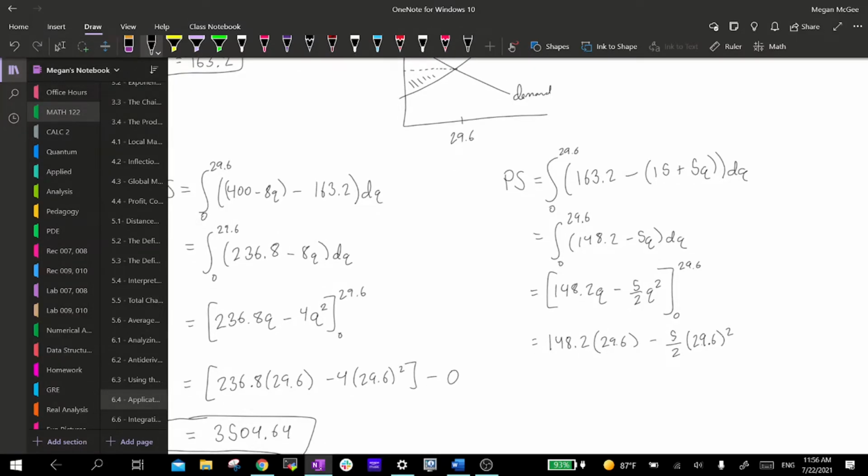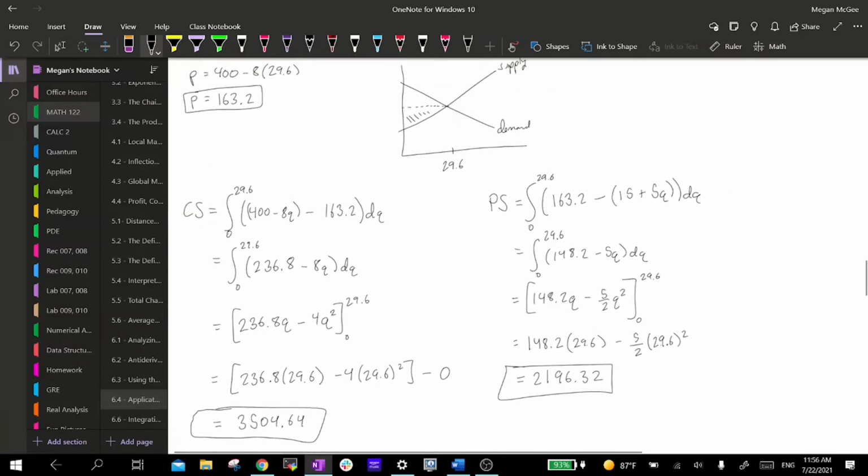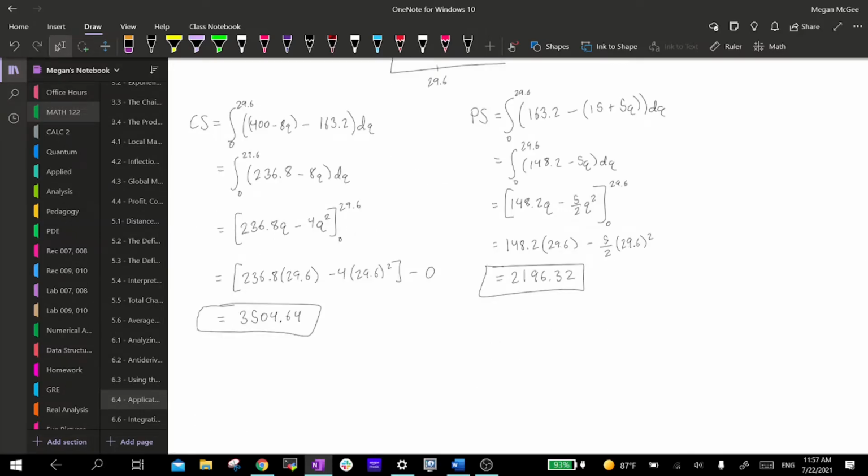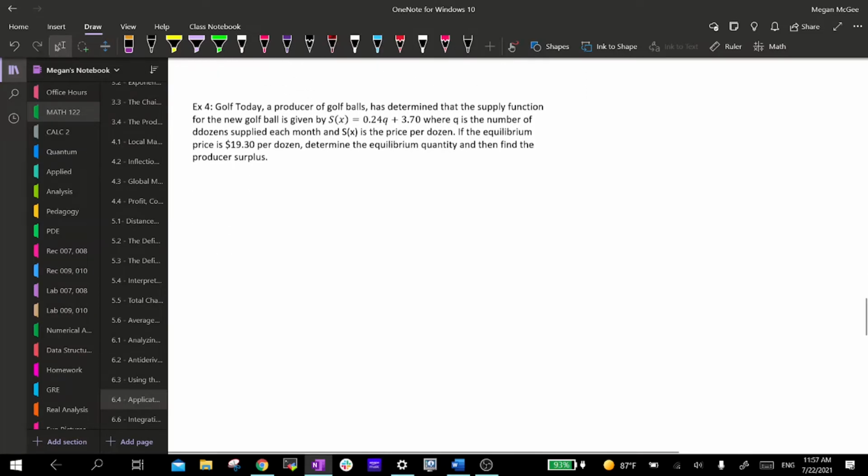Everything else would evaluate to 0, and we get 2,196.32 as our producer surplus. So for this problem, our consumer surplus ended up being greater than our producer surplus. So let's look at example 4.